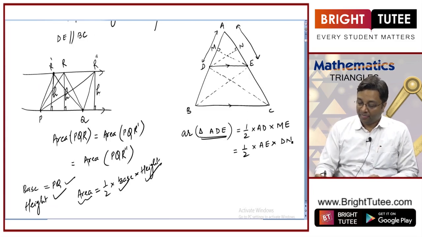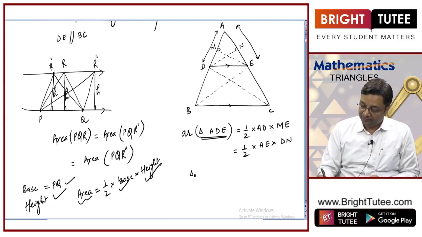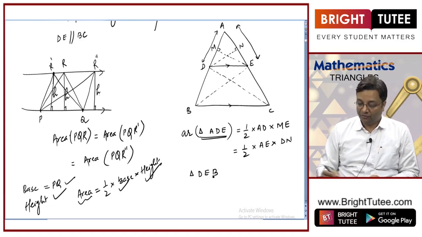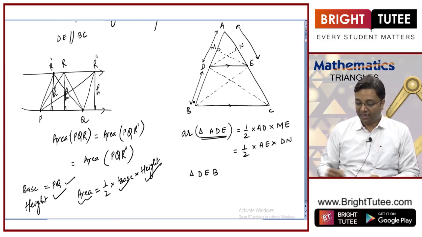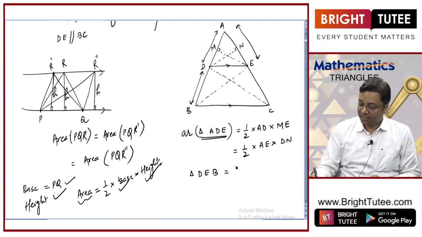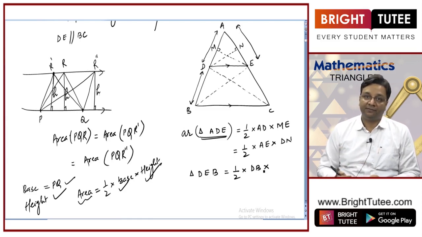Another thing, look at this triangle here, triangle DEB. For this triangle DEB, if I take DB as the base, what will be the height? Because the area is half into base DB into height. What is the height in this case?